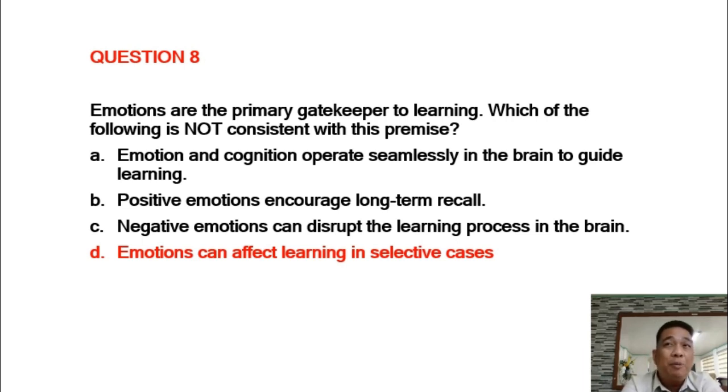Hindi panatag yung loob ng bata, kaya natatakot, kaya paano siya matututo? Okay? Kaya nga, yung keyword natin sa task kanina, emotions are the primary gatekeeper to learning. Correct answer there is letter D. Not consistent. Kasi emotions can affect learning in all cases, hindi po lang selective cases yan.